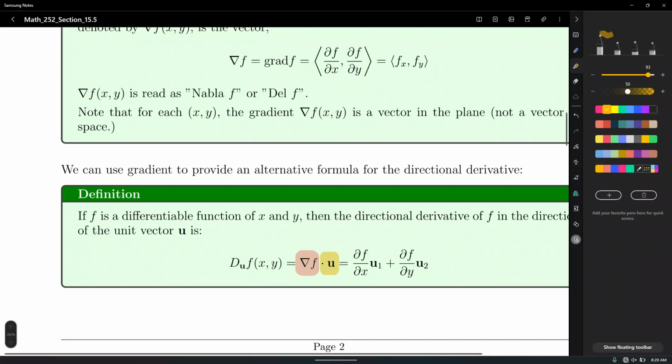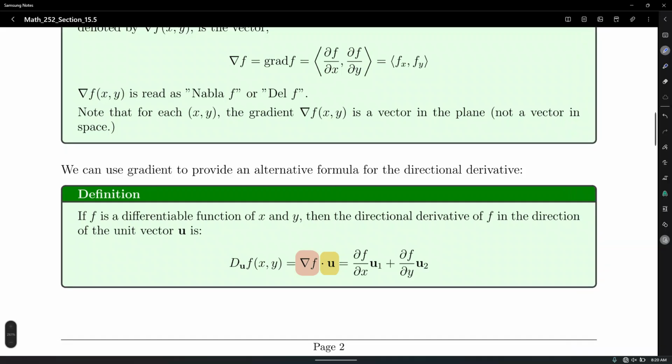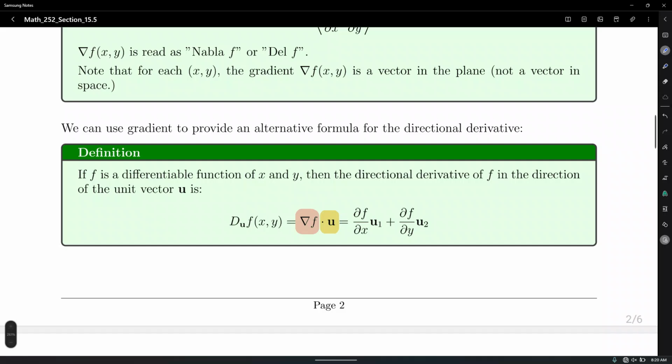And of course, we already defined this vector right here. Now, just be careful because in this case, the input for the gradient is going to be a scalar. So we take the gradient of a scalar function, and the output is a vector.